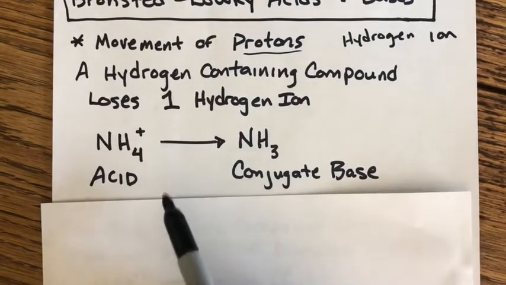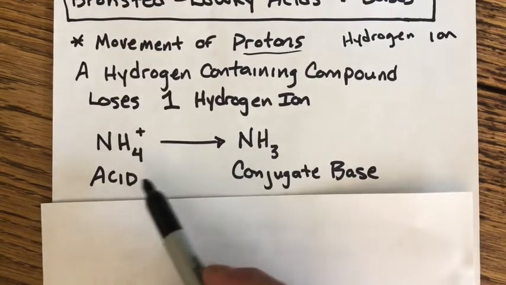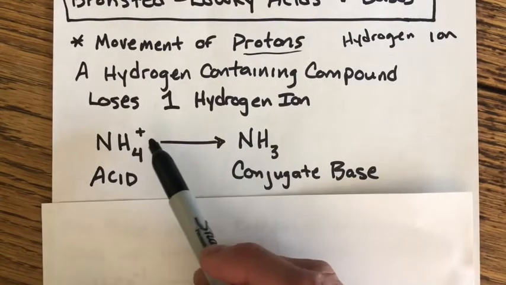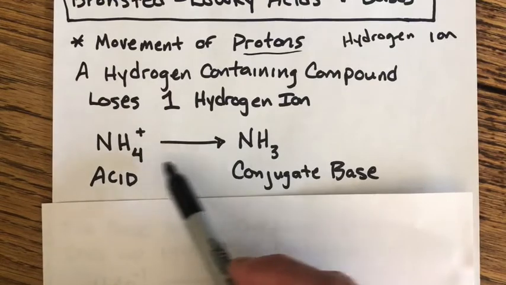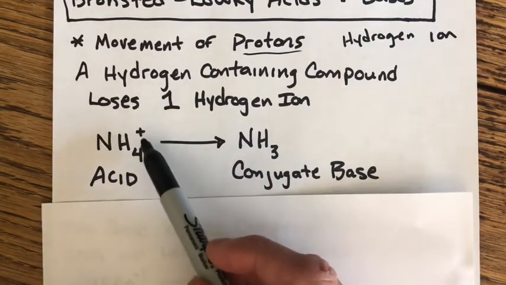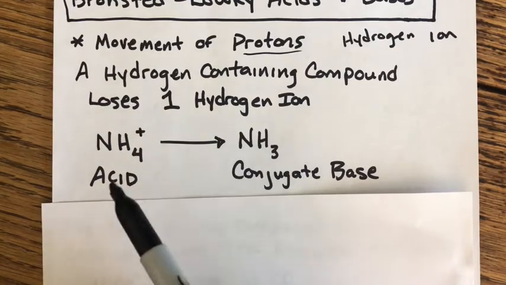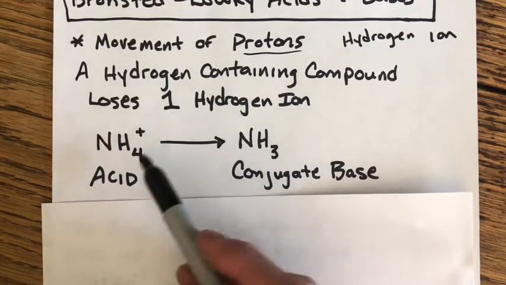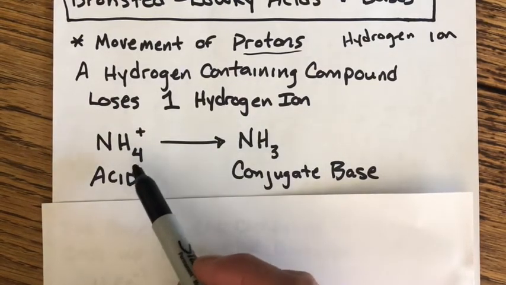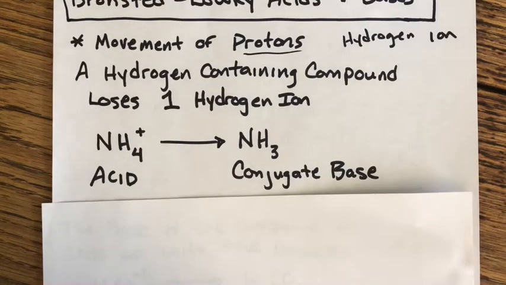So let's just take a look and see what happens here. And one thing I'll point out before we get too far into this is that a lot of these equations we're going to see have oxidation states as positives and negatives, or even oxidation numbers, because we work a lot with ions when we work with Bronsted-Lowry acids and bases.